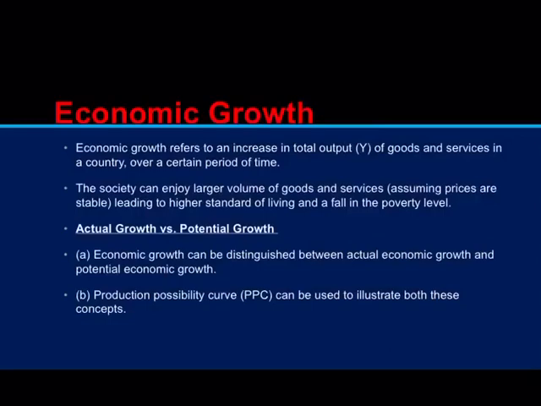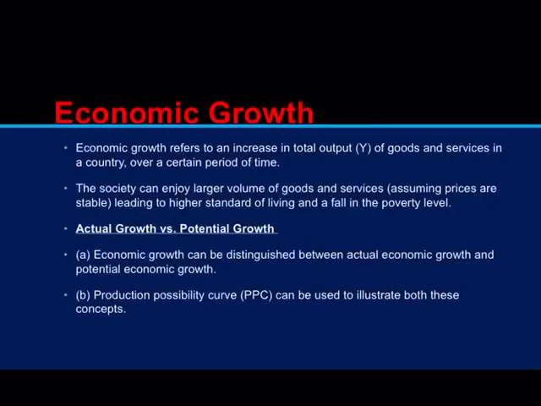So economic growth can be distinguished between actual and potential economic growth, right? This can be shown using two economic tools that we have studied earlier. One is the production possibility curve or production possibility frontier.